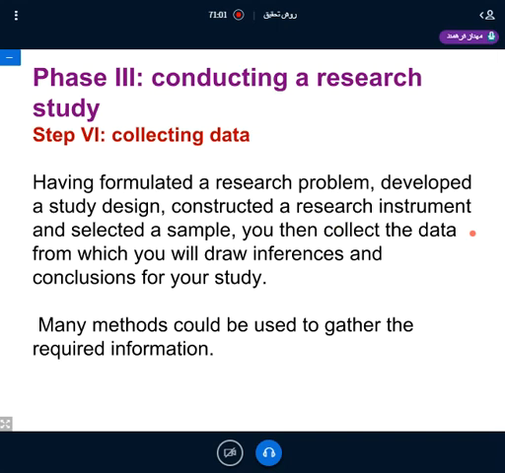And then you need to conduct a research study. So many methods could be used to gather the required data. We can collect the data in many ways, with many instruments and many samplings, and the design is very important.